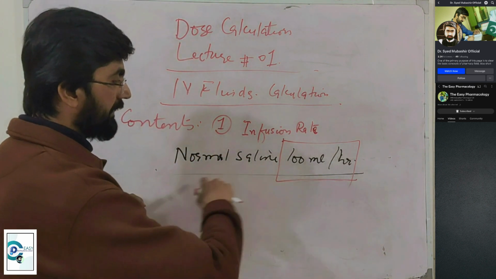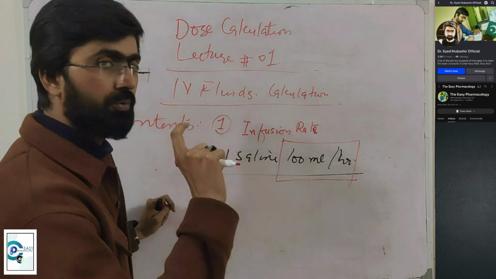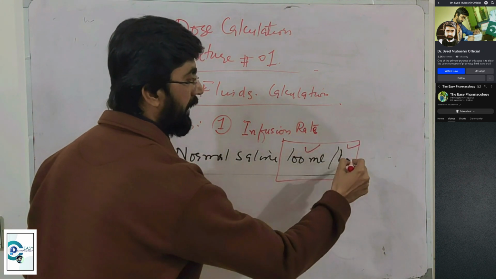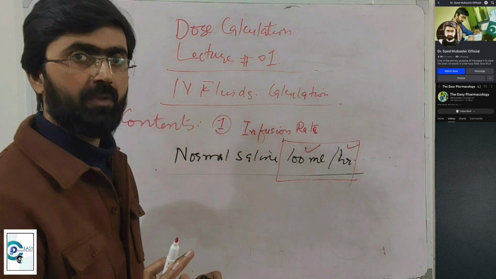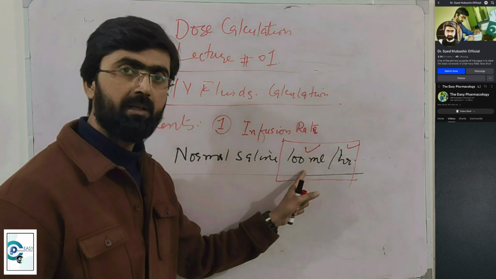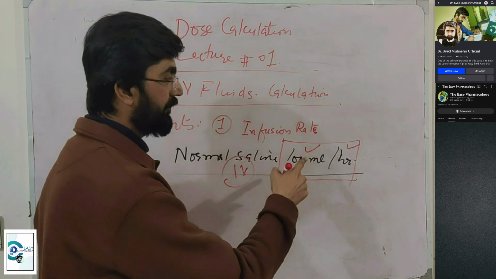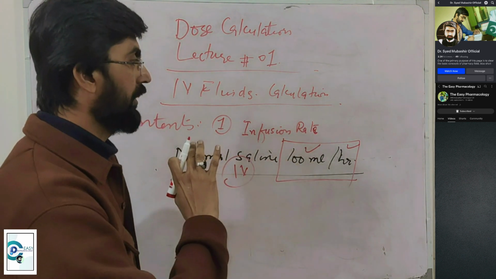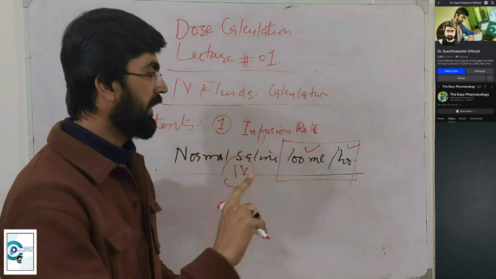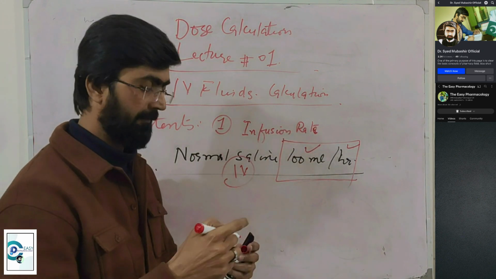So in this order given by the doctor, two things, quantity and time, are both clearly mentioned: we have to give a total of 100 ml of normal saline IV, and we have to finish that 100 ml in a total of 1 hour. In this direction both things are clear.